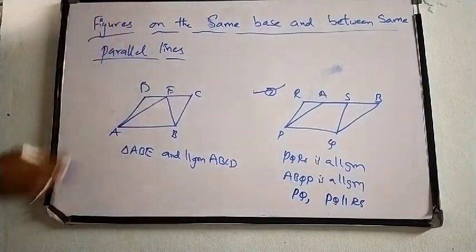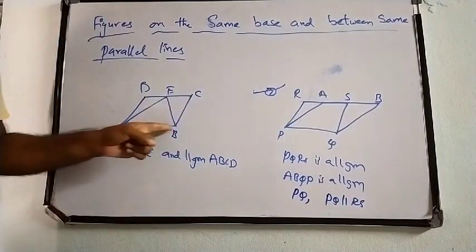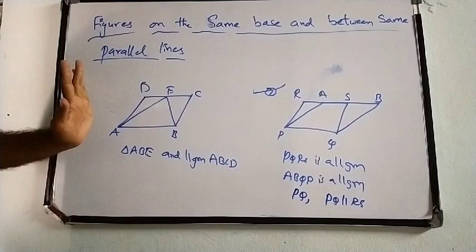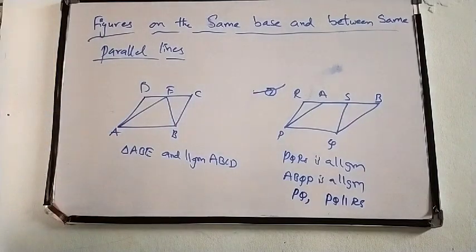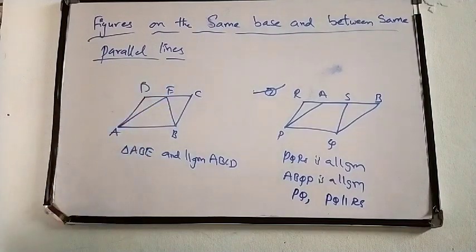So this is the concept. We are just looking at figures to see whether they have the same base and are between the same parallel lines. We can take more and more examples to identify this.